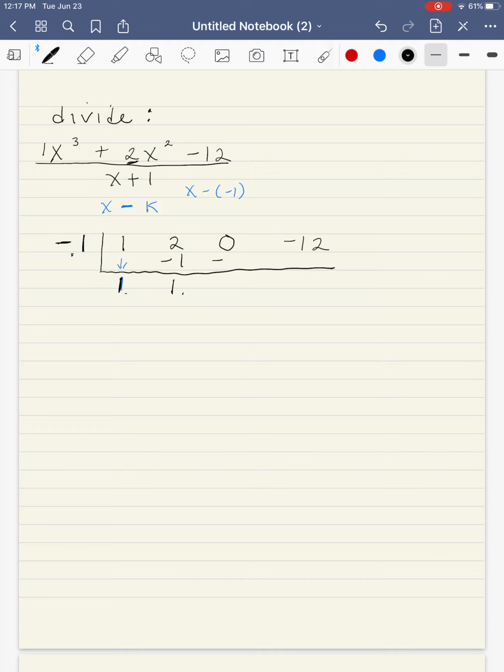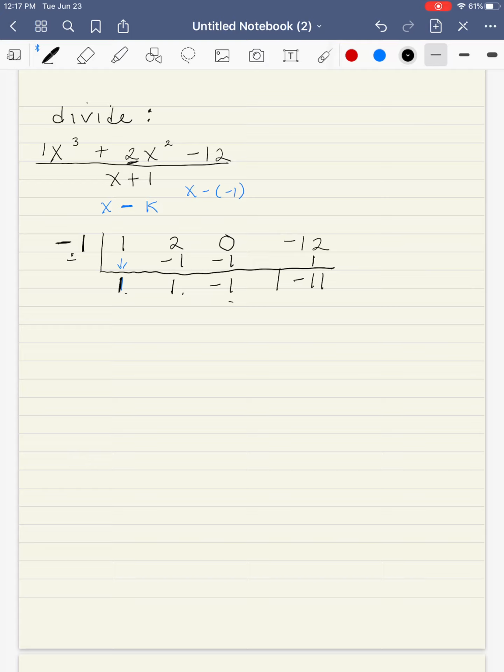Dropping the 1 down, we have a +1. Then -1 times 1 is -1. 2 plus -1 is 1. -1 times 1 is -1. 0 plus -1 is -1. -1 times -1 is +1. And then -12 plus 1 is -11.